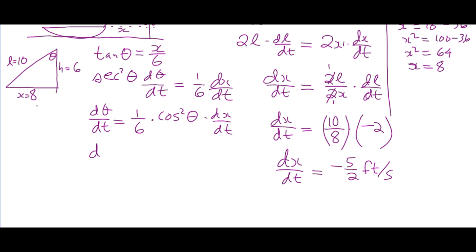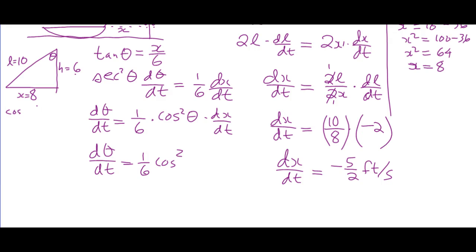Okay, and now we can fill in, right? So d theta by dt is 1/6 cos squared. Okay, so at this moment, when we have the 6, the 10, and the 8, what is cosine of theta? It's going to be 6 over 10, right? So this diagram is at the moment when we have the 10 feet out.